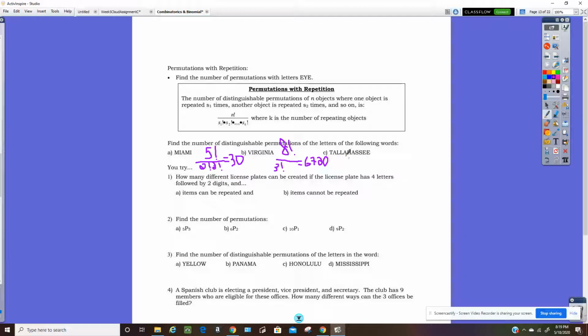All right, and then Tallahassee, we've got the letters 1, 2, 3, 4, 5, 6, 7, 8, 9, 10, 11.